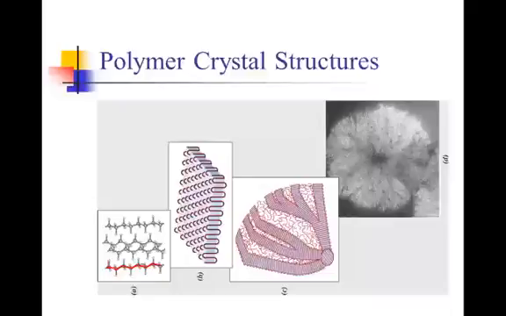And those chains will crystallize by folding back on themselves with the type of pattern that you see here, forming crystals. And you can imagine it's difficult for them to get into that arrangement.